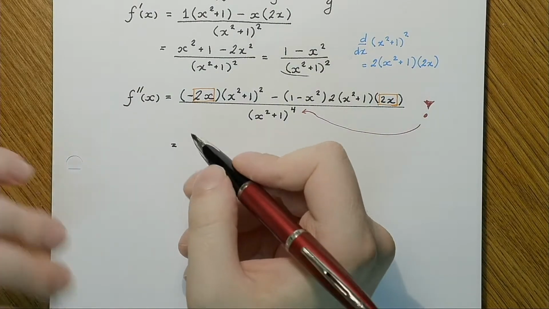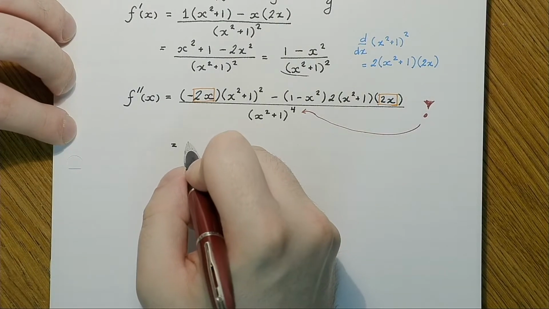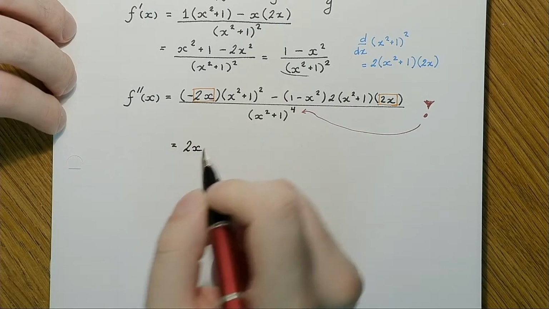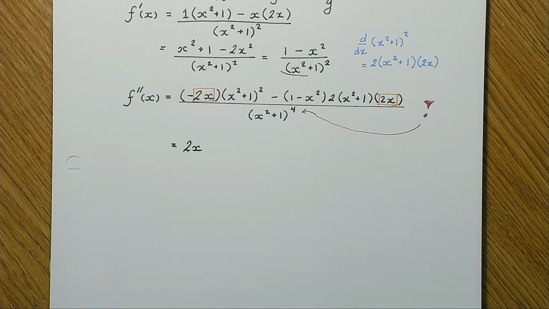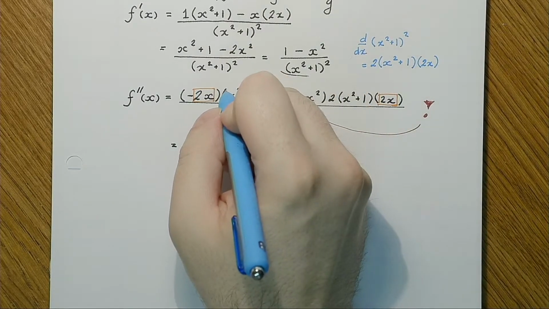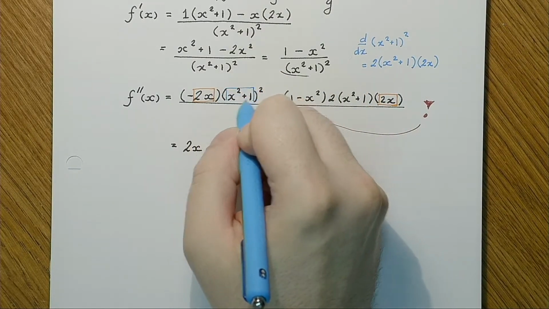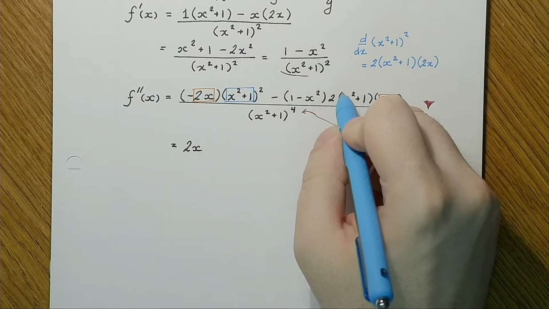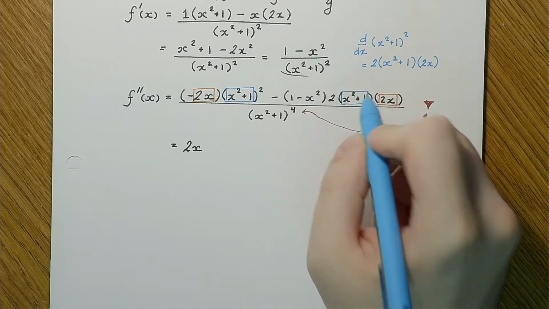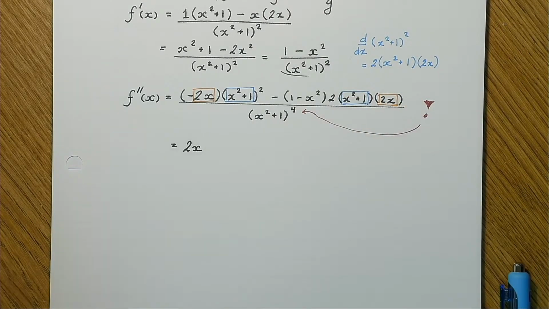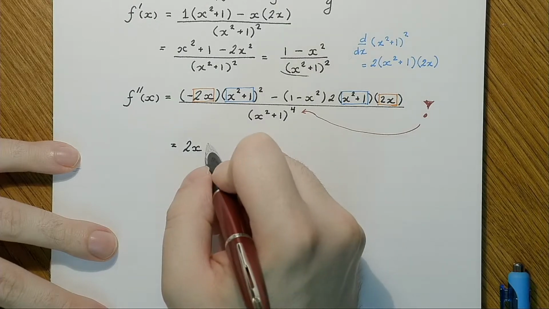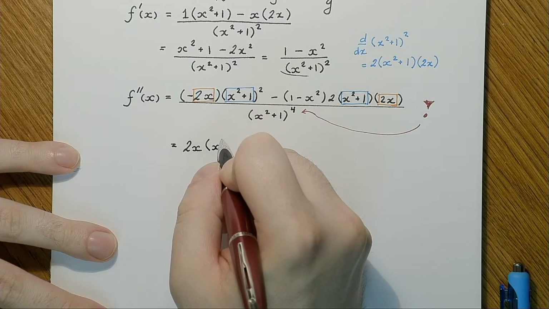I'm going to pull that out. So I have 2x. And the other one I see is this repetition in here. I only have one of them, so I'm going to factor that one out as well. So just one of those.